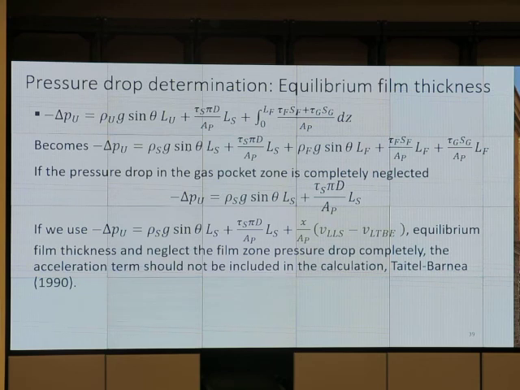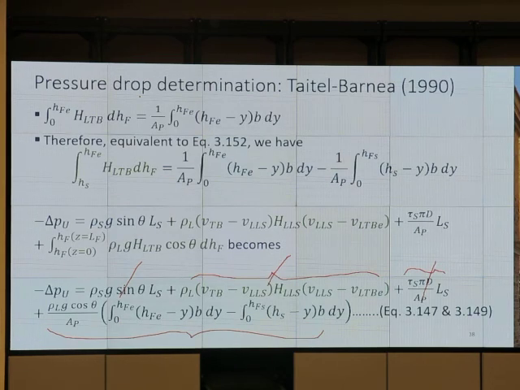So this means the full form for the equilibrium film thickness. We have this whole integration thing. We have proved that when we neglect the friction in the film zone, instead of the one with cosine theta, we can get the same thing that is in the book.